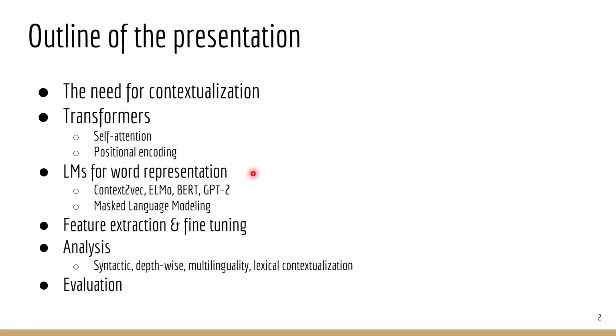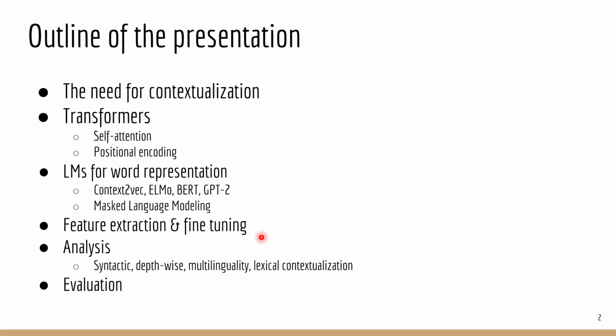Then we will describe how these pre-trained language models can be used for word representation, specifically how masked language modeling works. And then, among these different contextualized representation techniques, we will describe some of the earlier ones like Context2Vec and ELMo, and some of the more prominent ones recently, BERT and GPT and a few others.